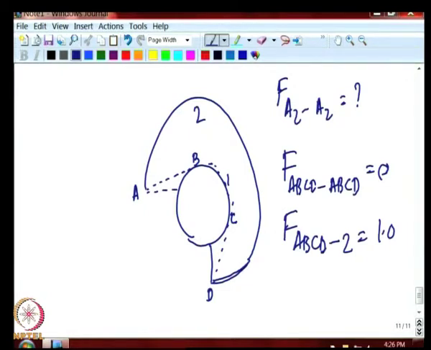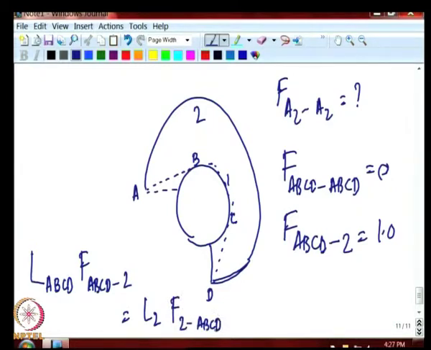Now, applying reciprocity, assuming infinity into the page, length of ABCD into F ABCD to 2 is equal to length of 2 into F of 2 to ABCD. This is applying reciprocity.